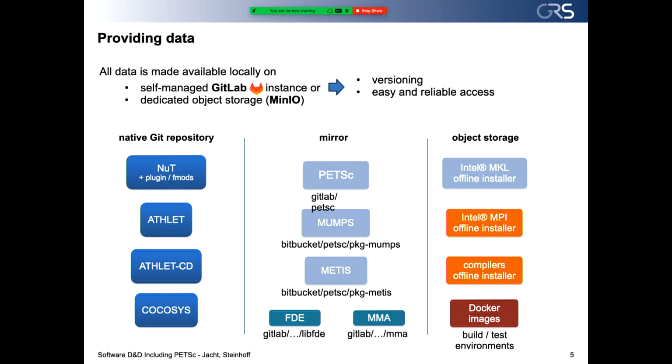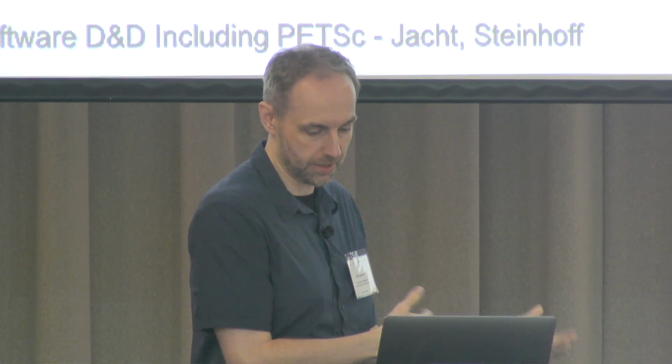On our object storage, which is based on MinIO, we have the MKL offline installer, as well as MPI and all our compilers. And by the way, we still use the classic compilers from Intel for Fortran, not the new one, IFX, because there are still some problems which this compiler can't handle for us, so we still stick to the old one. And I will come later to the Docker images, which we use for building and test environments.